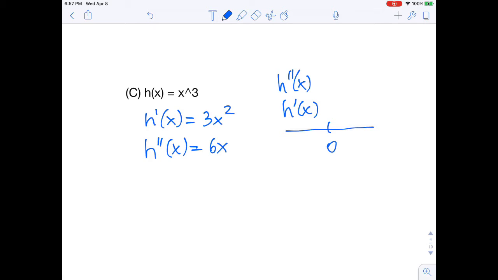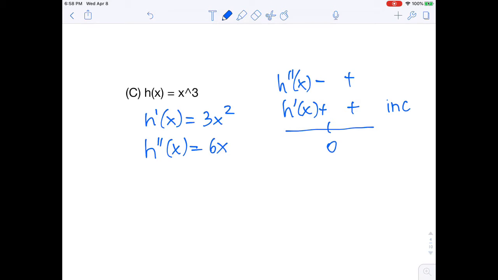So in the first derivative, when x is greater than 0, it's positive. When it's less than 0, it's positive. So it's increasing. Second derivative, when it's greater than 0, it's positive.